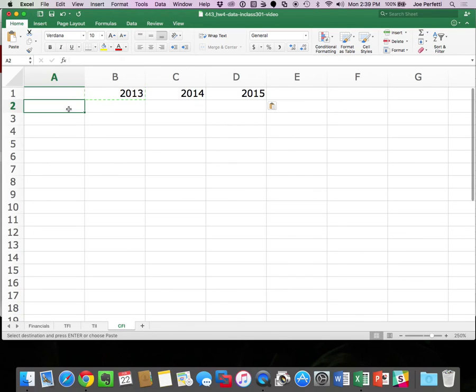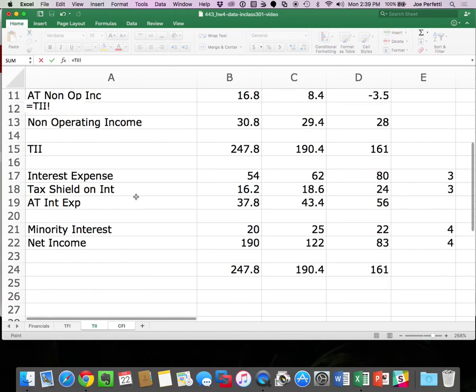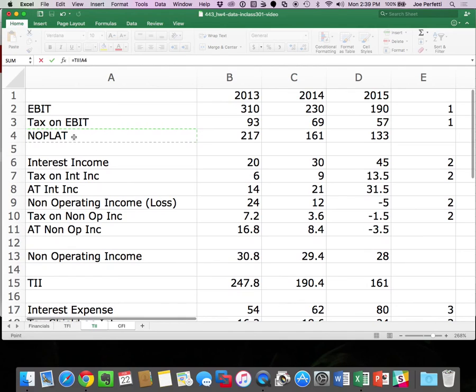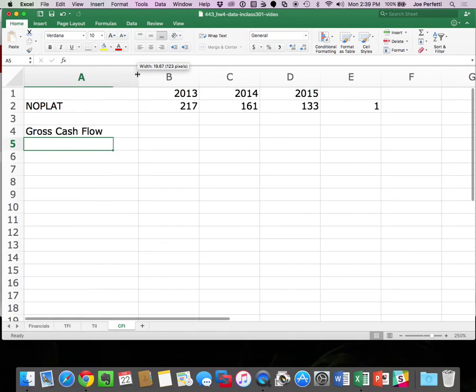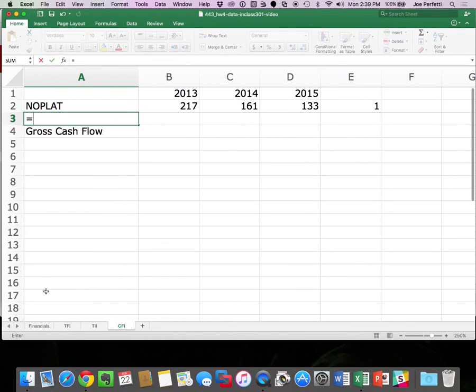All right, so let's start the process with the income statement. In the income statement, TII, I start out with my NOPLAT, which is my operating profits after tax. And what I'm trying to get to is something called gross cash flow, which is the cash coming from the income statement, defined as NOPLAT plus depreciation.